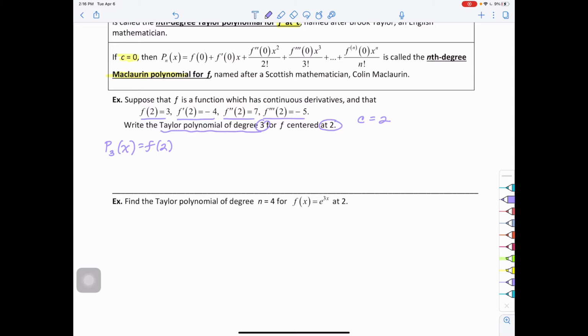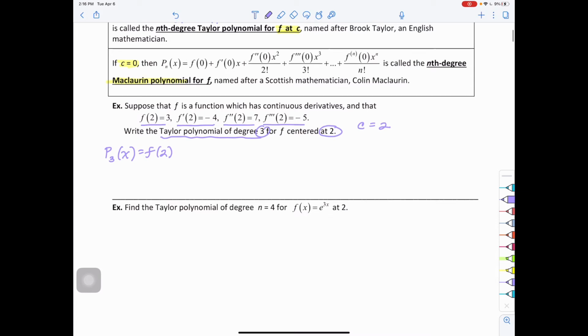And then we're going to add f prime of 2 multiplied by x minus 2. And then we're going to add f double prime of 2 multiplied by x minus 2 squared over 2 factorial.